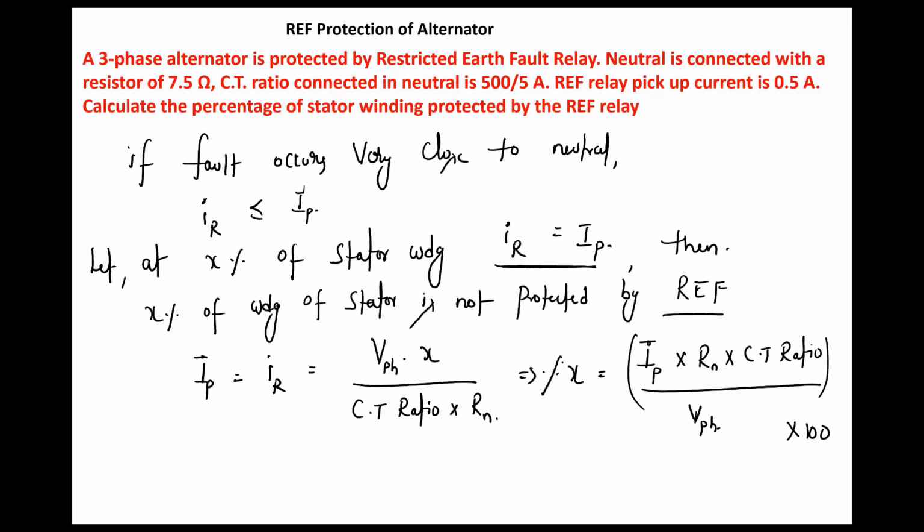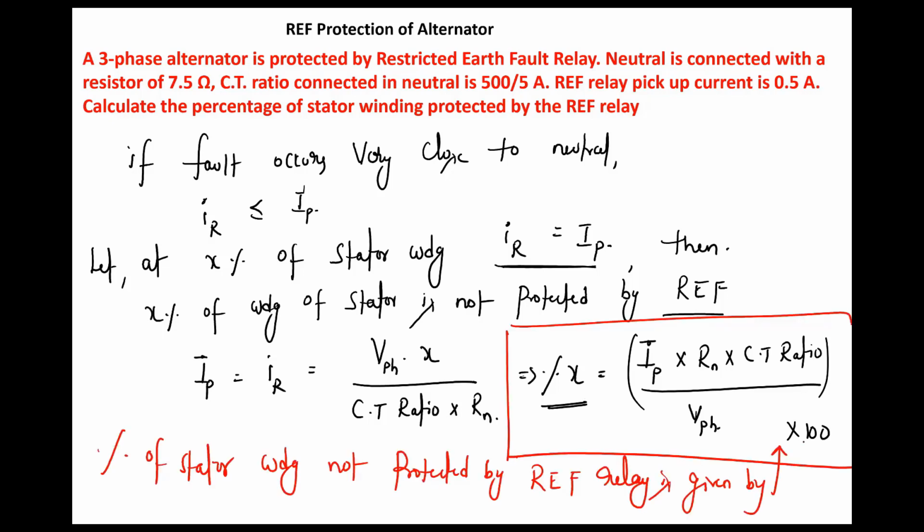So the percentage of winding not protected by the REF relay is given by the pickup current of the restricted earth fault relay multiplied by neutral grounding resistance into CT ratio of the CT connected to REF, divided by phase to neutral voltage of that alternator. This will give you the percentage of stator winding not protected by the REF relay.